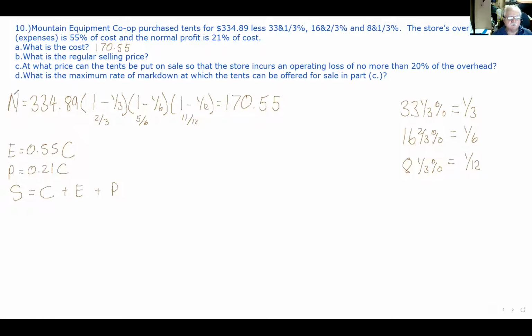Although we said it was the net price, this is their cost. 170.55 plus 0.55 times cost plus 0.21 times cost.